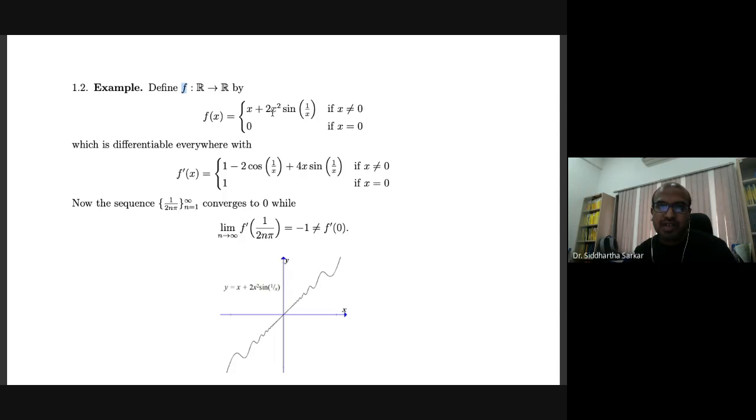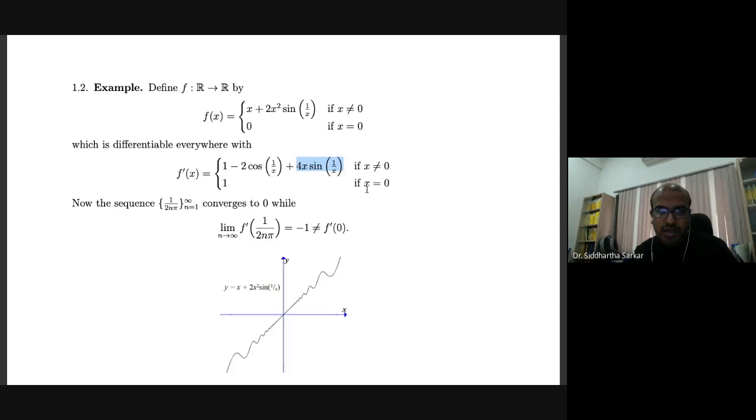So therefore I put a quadratic part over there, so there is a 4x sine 1 by x which already vanishes. This minus 2 cos 1 by x will make sure that the function attains all possible +1 and -1 values in the close proximity of origin, and this one therefore would not create a problem.